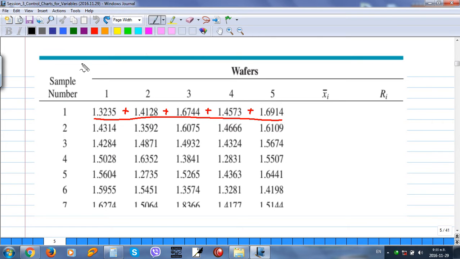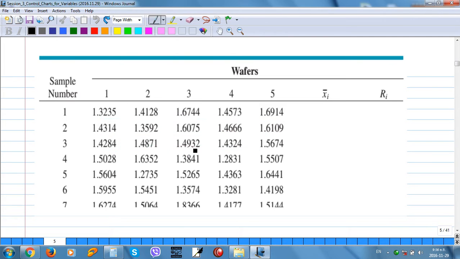How many entries? 5. So after adding all of these we divide by 5, then we can find X bar 1. For the second sample we also add all the entries and divide by 5. We repeat the same thing. This is the way of finding X bar i.